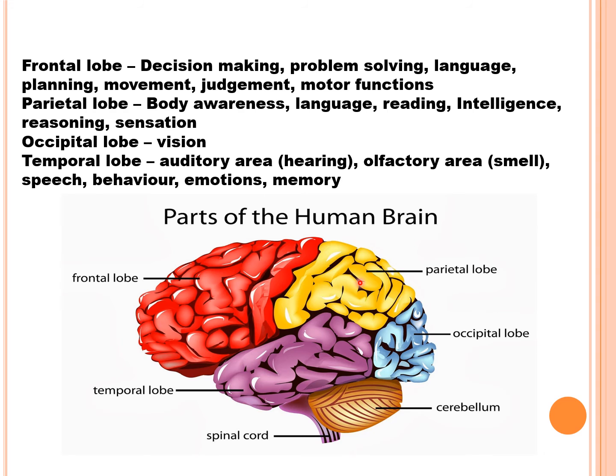The parietal lobe is responsible for body awareness, language, reading, intelligence, reasoning, sensation. The occipital lobe is responsible for vision. And the temporal lobe is responsible for hearing, smelling, speech, behavior, emotions, memory.